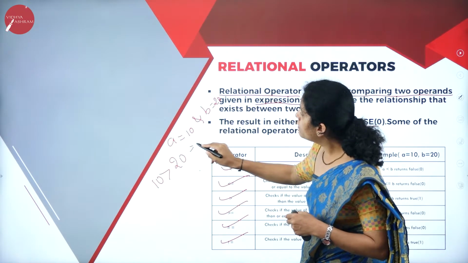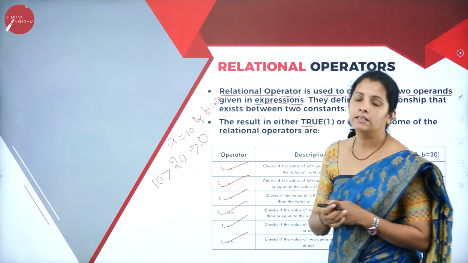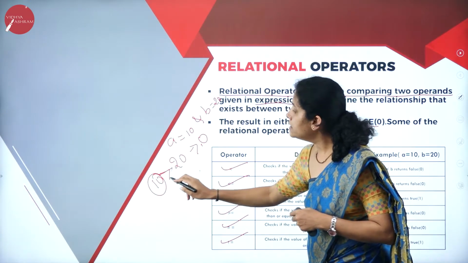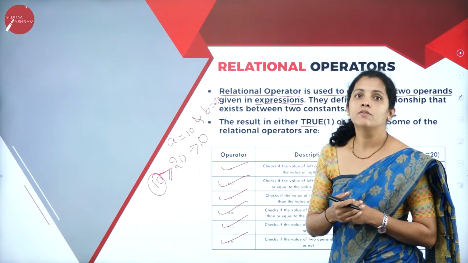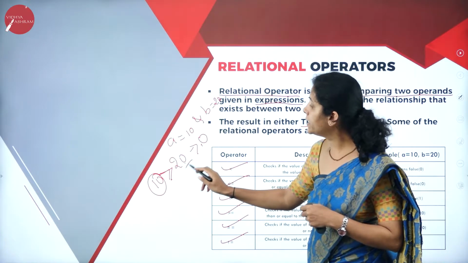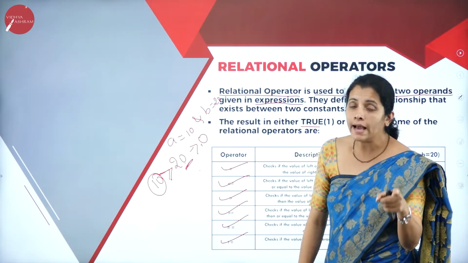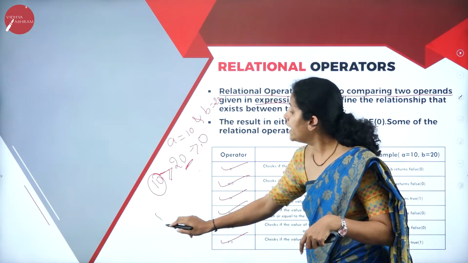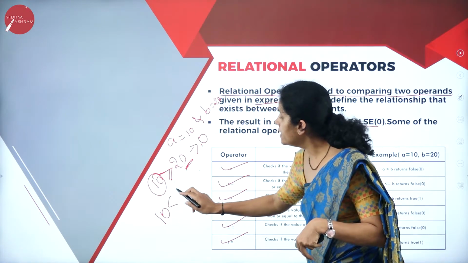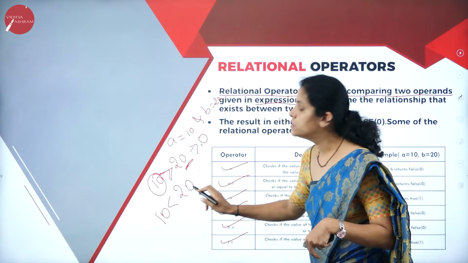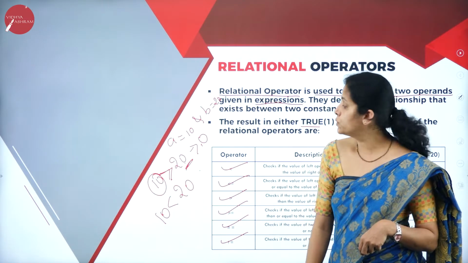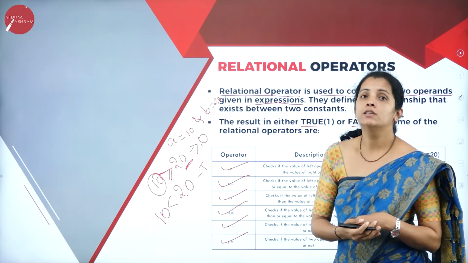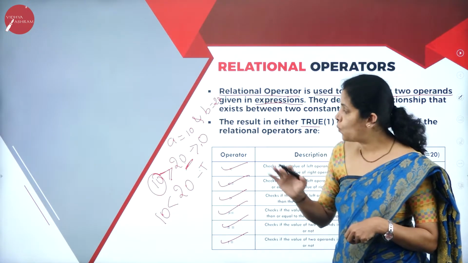So what is the value it is going to return? That is 0, because here 20 is greater than 10. And if I consider 10 is less than 20, it is true and it is going to return the value 1.